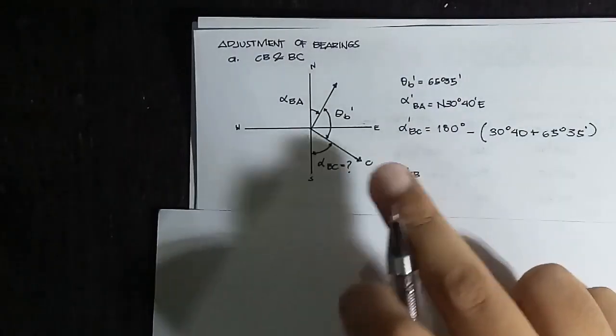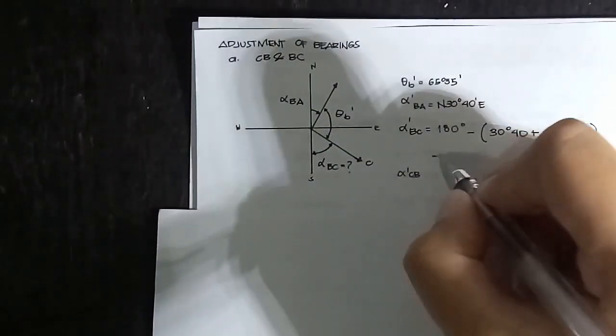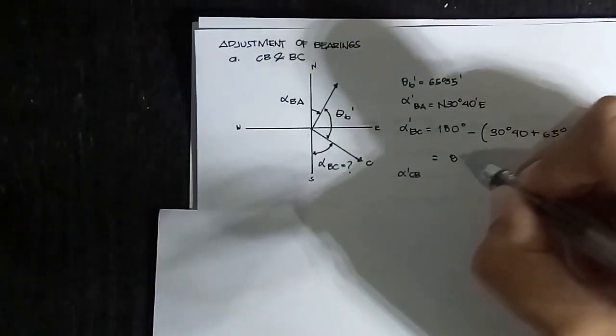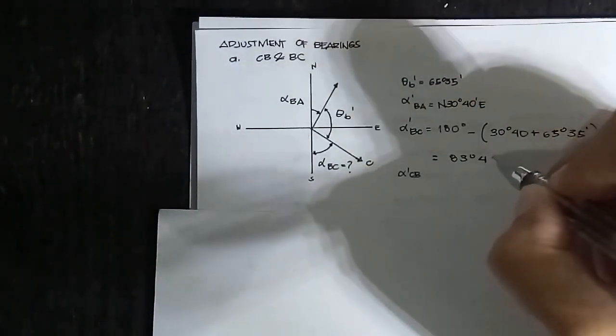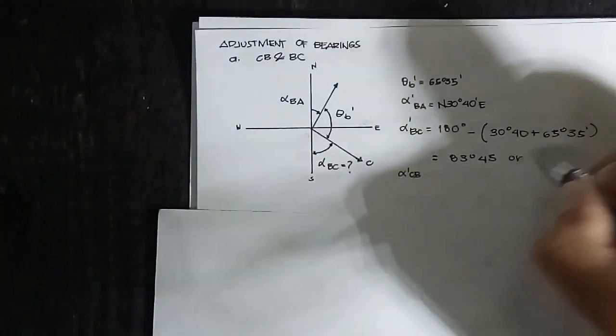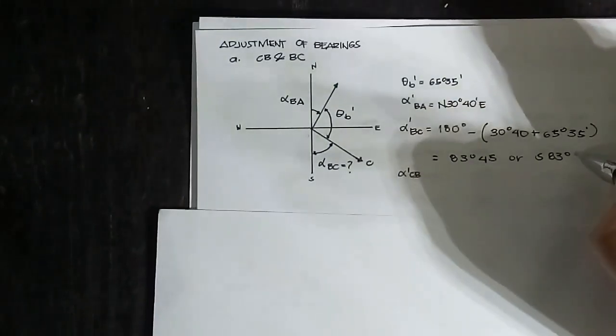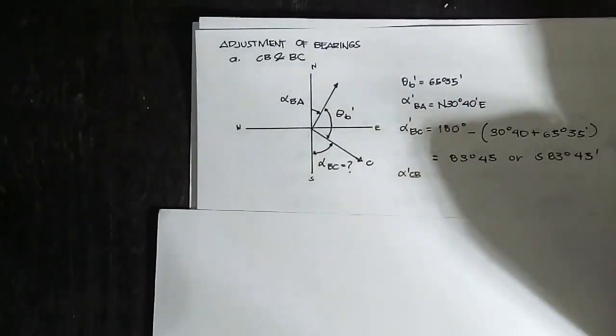So, kung i-input natin siya sa calculator, ang magiging total niya is 83 degrees and 45 minutes or south 83 degrees and 45 minutes.